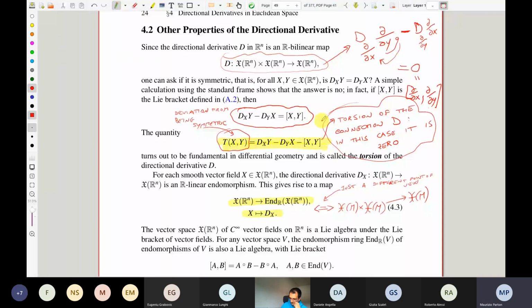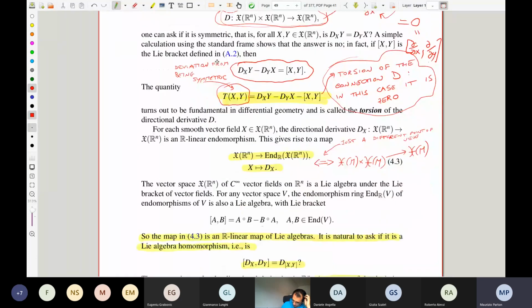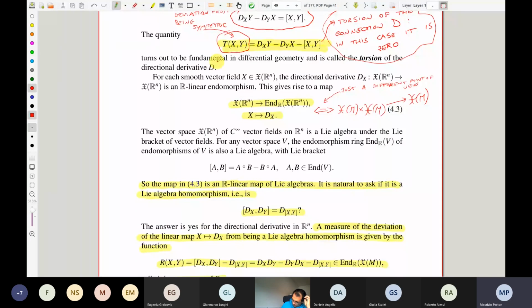And so we should remember that when we have a connection made in this way, the torsion is measuring how far this connection is from being symmetric in some sense. Well, I don't want to spend a lot of time on this torsion because for general connections on vector bundles it is not defined, but I want to spend some time on this point of view.